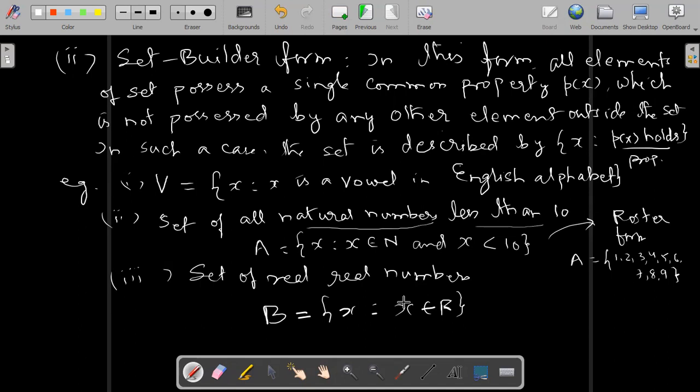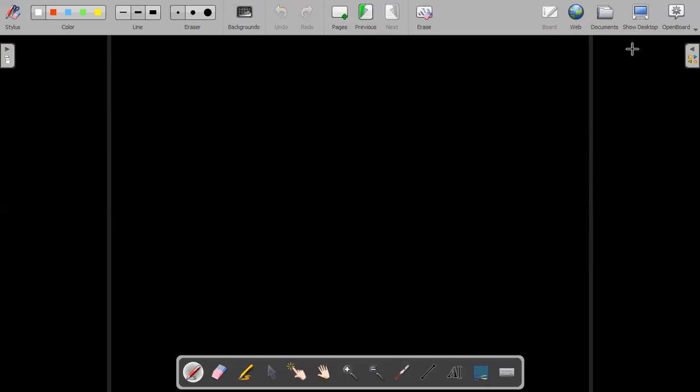And then a semicolon, that is, such that, and after that write the properties of the element, and close the bracket. I think you understood. We have many examples to convert, but now we are in a position to complete our textbook exercise first. So we are going to start the textbook exercise.